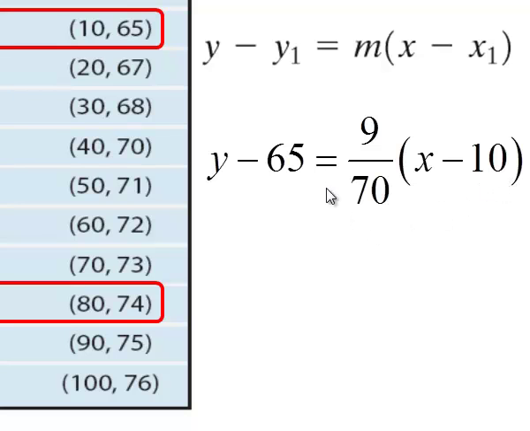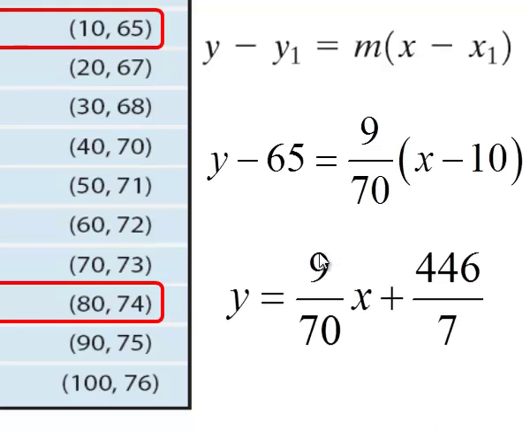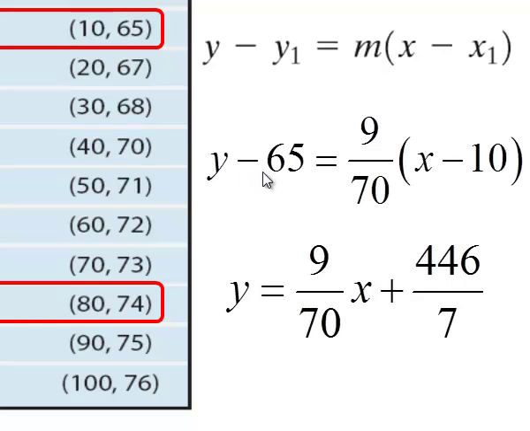And so we go ahead and simplify that to get our y equals mx plus b equation. Basically, they multiplied both sides by 70, the 70s canceled, and then simplified. And they got y equals 9 over 70 x plus 446 over 7. Okay, so that's our model.